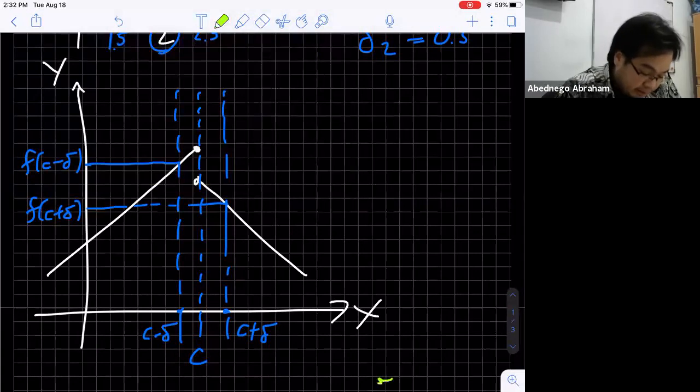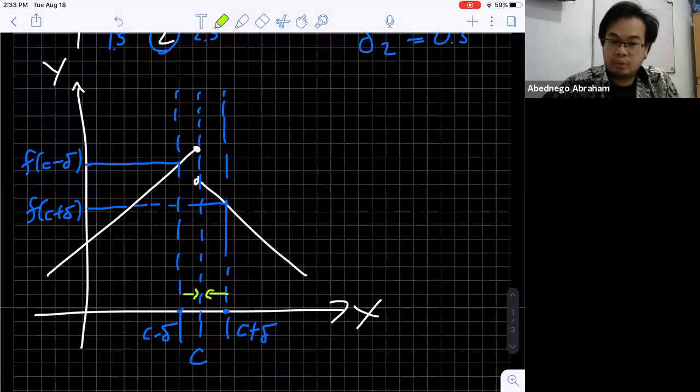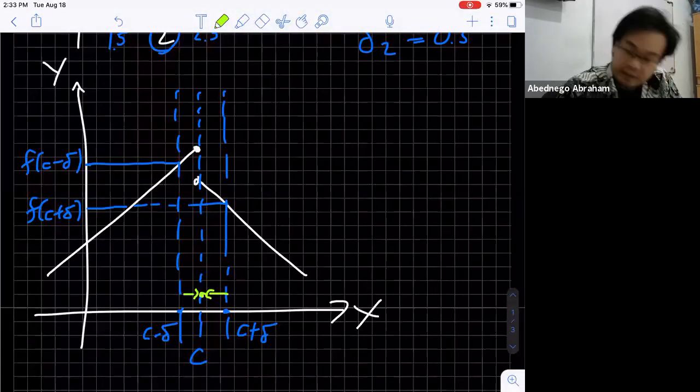Now look. When delta is getting smaller, approaching c, what happens to f(c minus delta)? It goes in this direction, right?